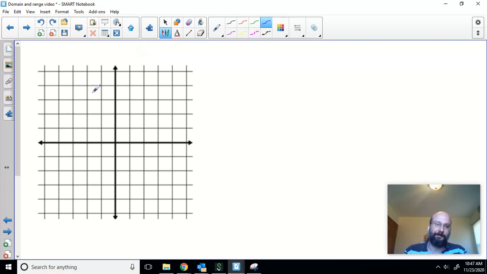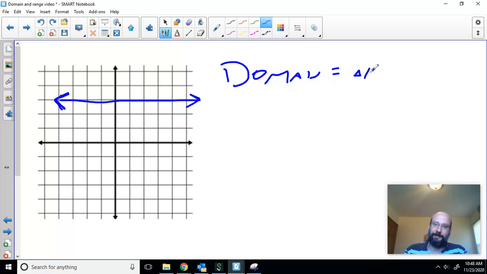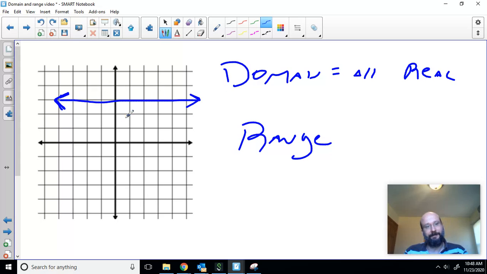But just like with what we were doing in part 1, if there's a perfectly horizontal line that has arrows on both ends, your domain would be all real numbers because left is an arrow and right is an arrow. But just like with the straight line, your range is going to be wherever it is, right? It's at 3, so your range would be y equals 3.